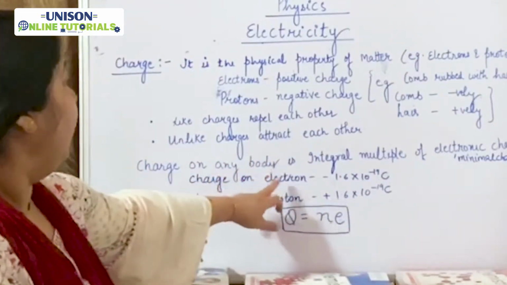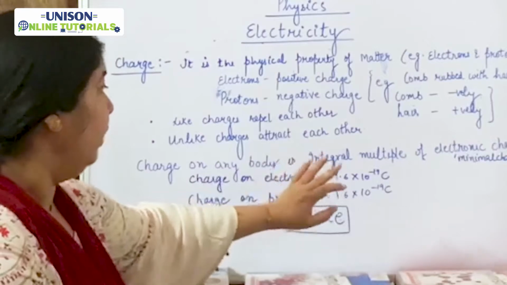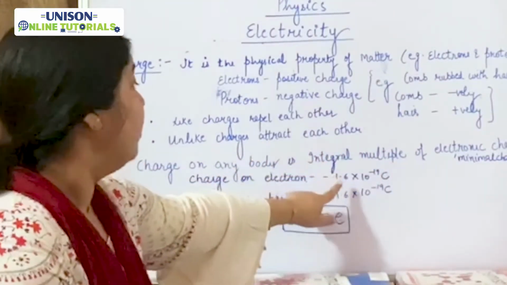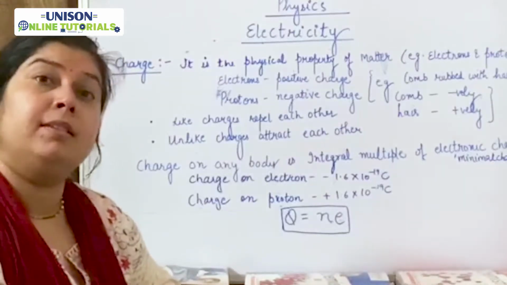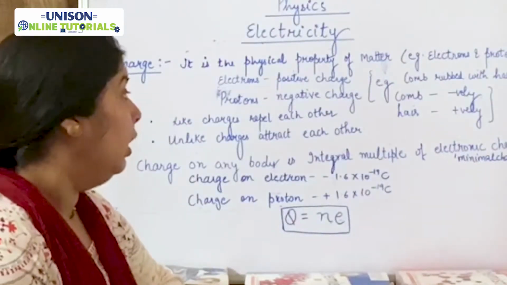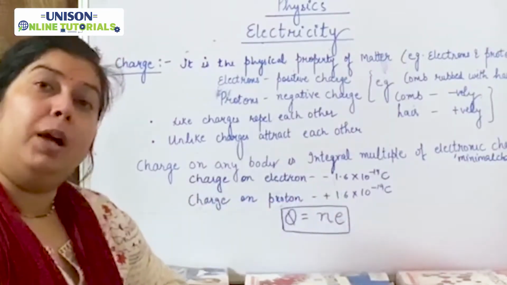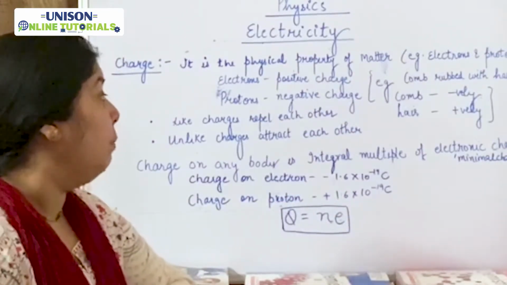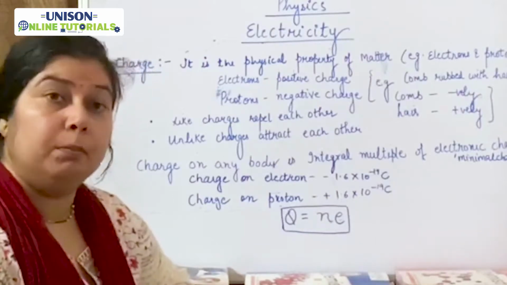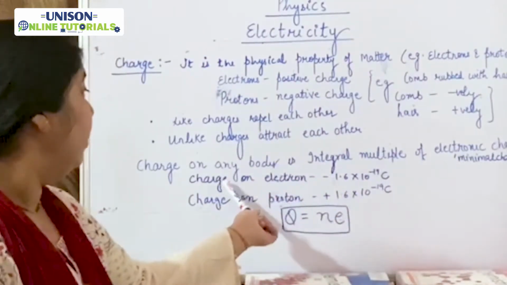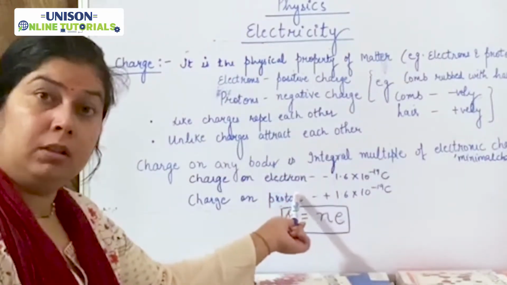So charge on electron, this you have done in class 9 structure of atom. Charge on electron is minus 1.6 into 10 raised to minus 19 coulomb. And charge on proton is positive 1.6 into 10 raised to minus 19 coulomb. Which is minimal out of the two? That is the charge on electron.